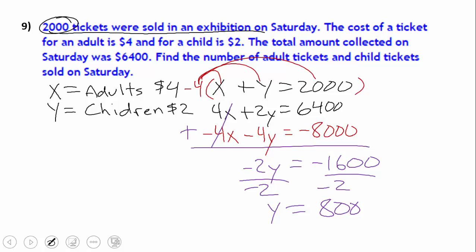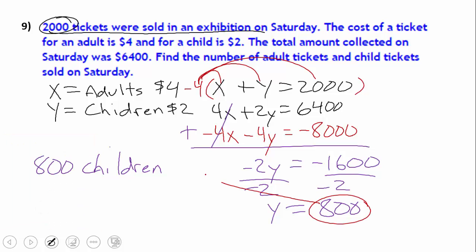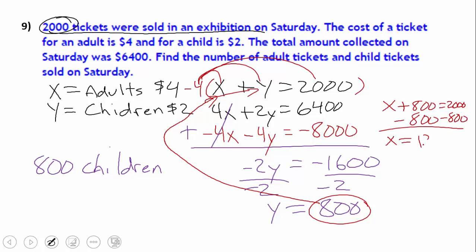So that tells me y is our children, so there were 800 children at the exhibition. I take that 800 and substitute it into this equation right here, for y. So I would have x plus 800 equals 2,000. Subtract the 800, and it tells me that x is 1,200. So there were 1,200 adult tickets, or adults, at the exhibition.